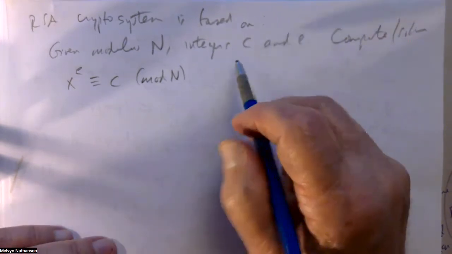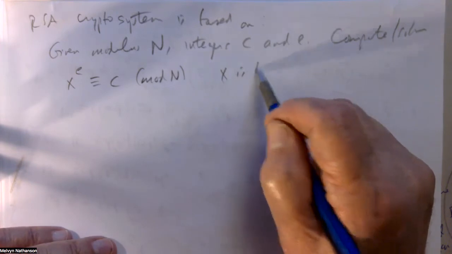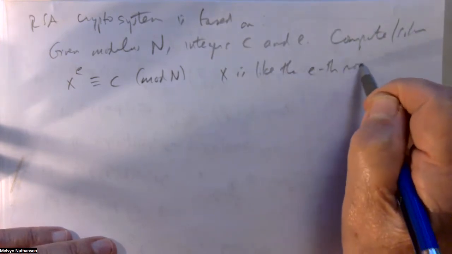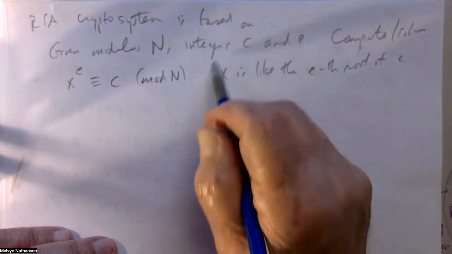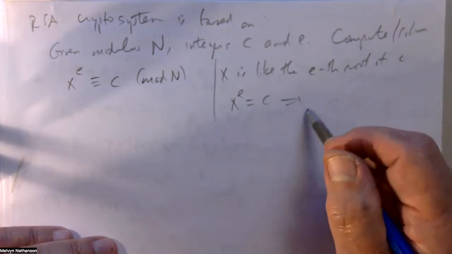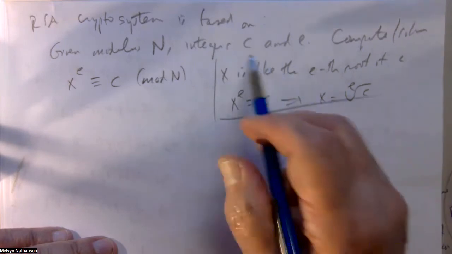So we can think of it like this. X is like the eth root of c, right? Because if x to the e were c in the real numbers, or the complex numbers, then x would be the eth root of c.